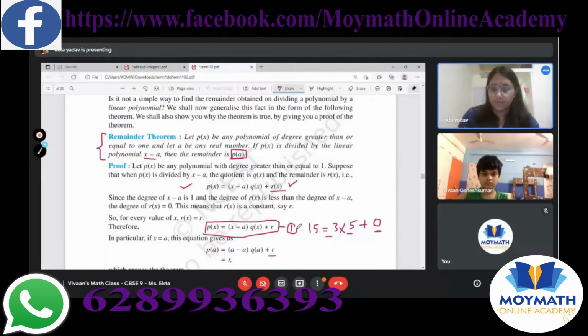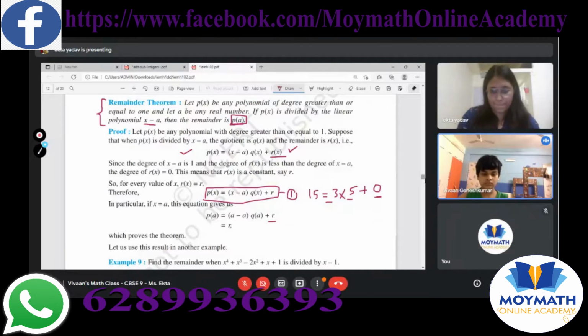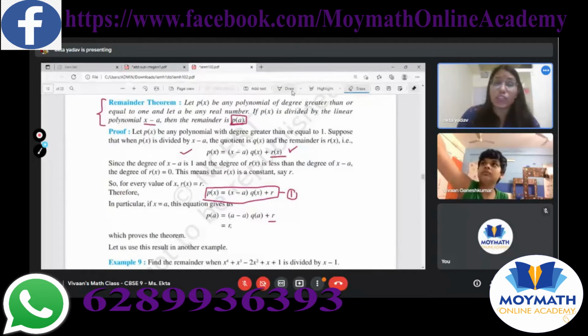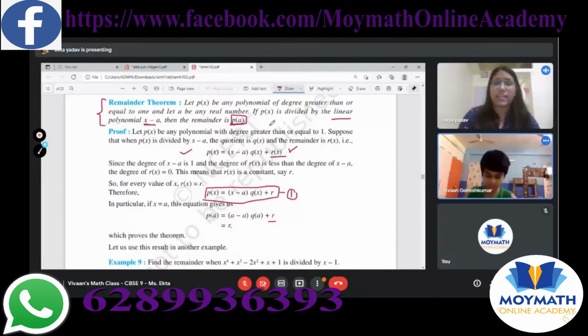What will you get? r. r is a constant, the remainder. So if p(x) is divided by a linear polynomial x minus a, then the remainder is p(a).